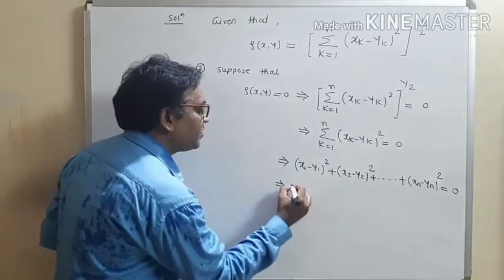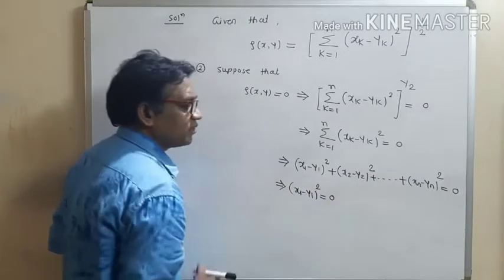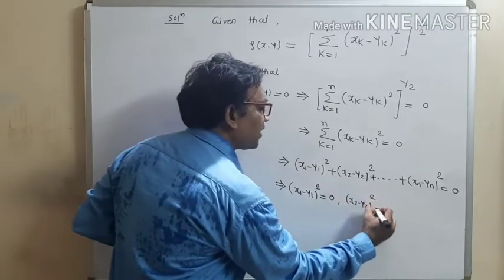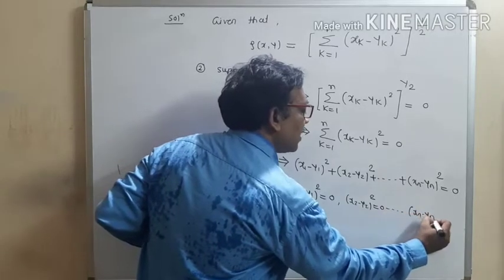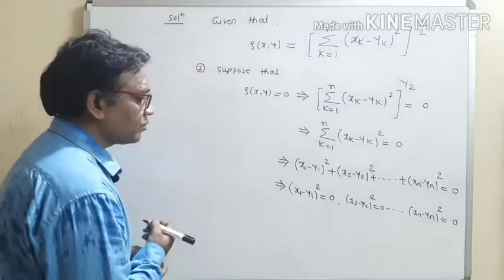So this implies that (x1 minus y1) whole square is equal to 0, (x2 minus y2) whole square is equal to 0, up to (xn minus yn) whole square equal to 0.